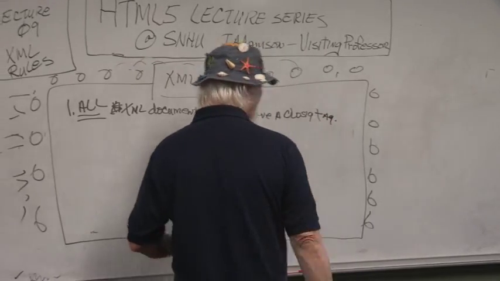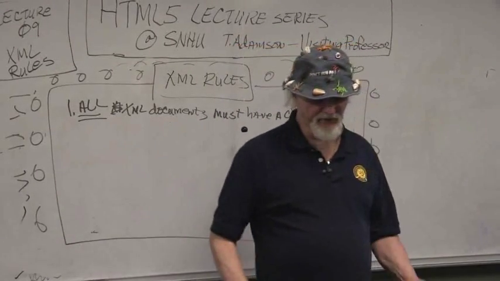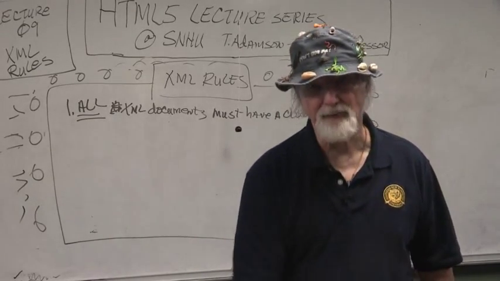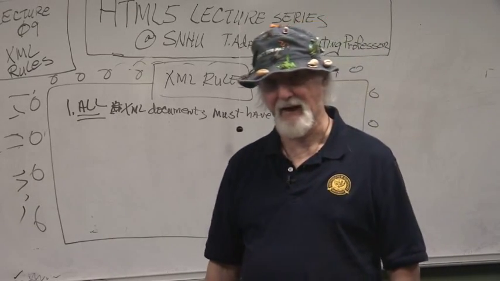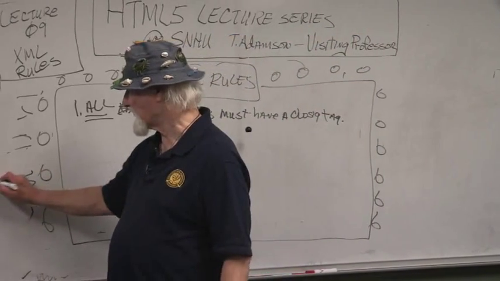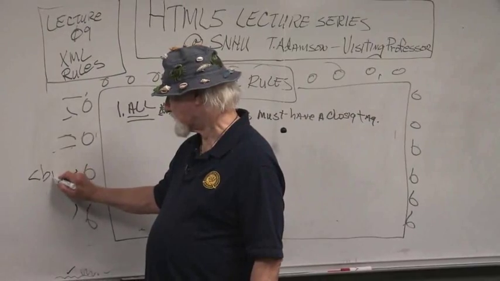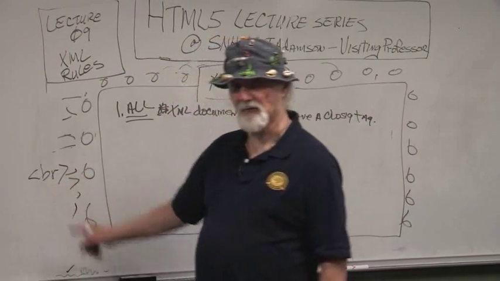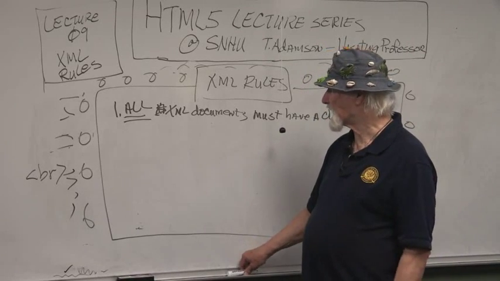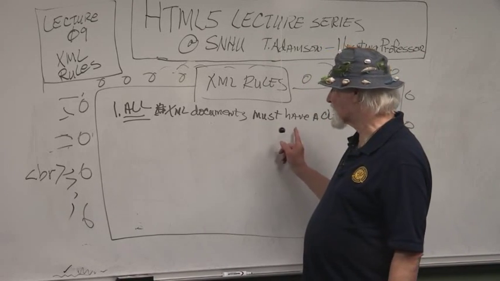Now, if you recall, in HTML, I could have a void element. A void element didn't have a closing tag, right? A void element was like, for example, if I had a BR for a line break, that didn't need a closing tag. That's not true in XML. Every element must have a closing tag.